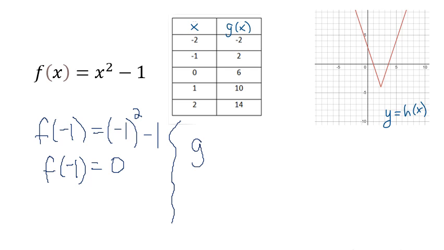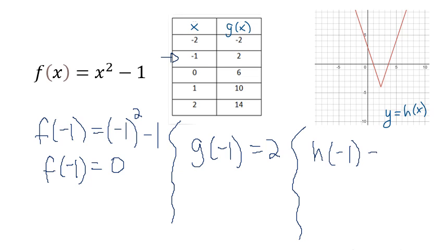g of -1, I don't have to do any calculating, but I do have to find where on the table x is equal to -1. That's this row here. When x is equal to -1, y is equal to 2. So g of -1 is equal to 2. Finally, in this graph of y equals h of x, h of -1 is how high or low the graph is when x is equal to -1.